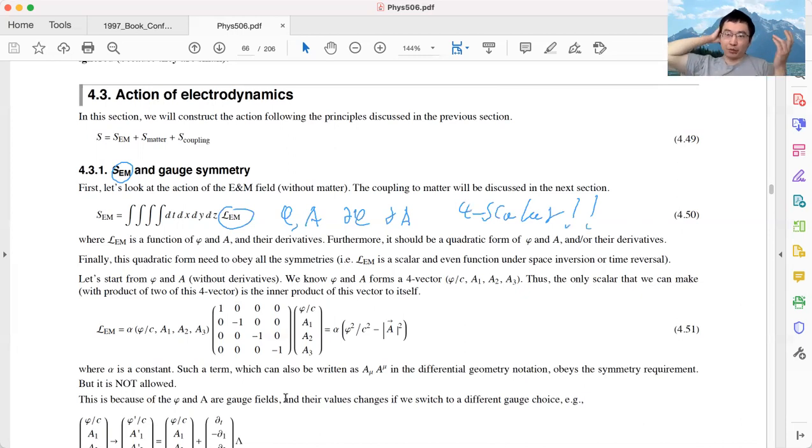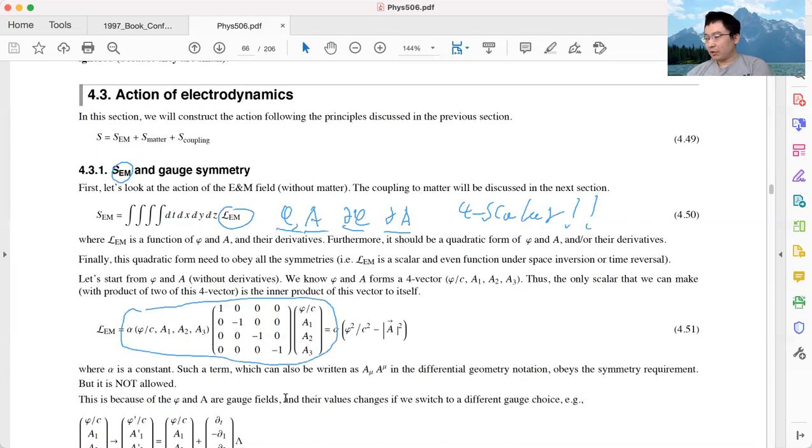Because we want everything to be invariant under the Lorentz boost. And what 4D scalar can we write down out of, say, phi, A, and their derivatives? The most obvious scalar is this one.